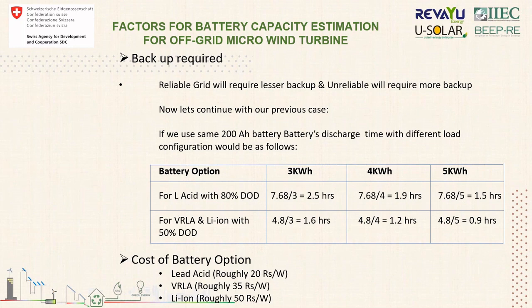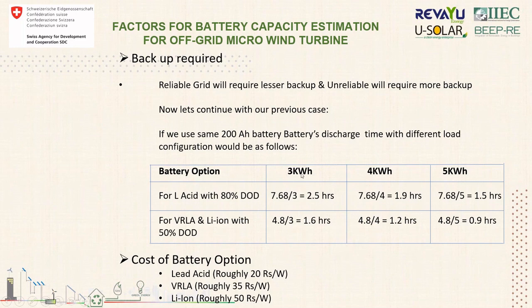So this is a thumb rule calculation which people can follow to design how much capacity they should go for. If people have all the backups already in place, and you are installing at a place where there is a reliable grid, if you are deploying storage, you can bring down the capacity of storage, and this is how you can calculate, because we have already calculated what you can utilize as per DOD.